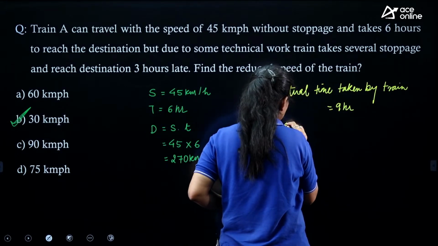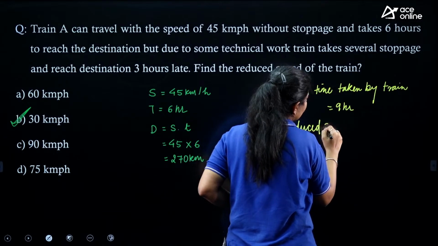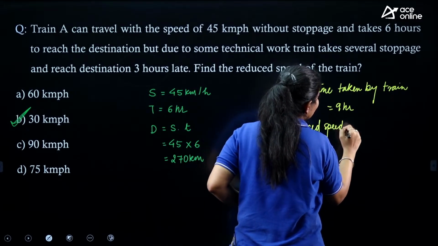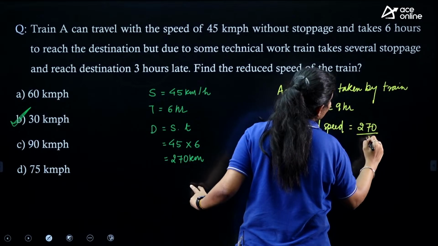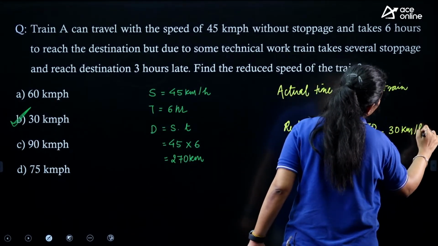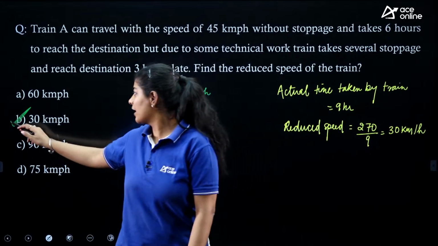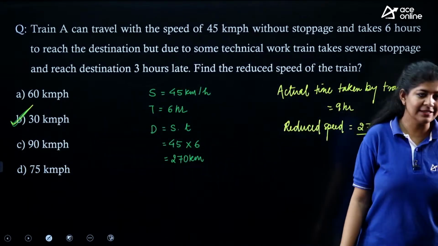Now the reduced speed, or we can say the new speed: the train needs to cover a distance of 270 in a span of 9 hours. That means the reduced speed that we got over here is 30 kilometers per hour. Option number B is the correct one.